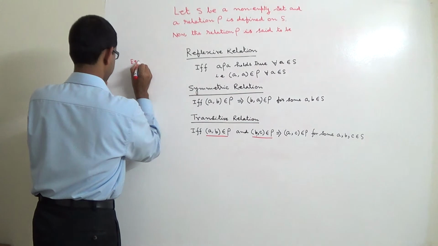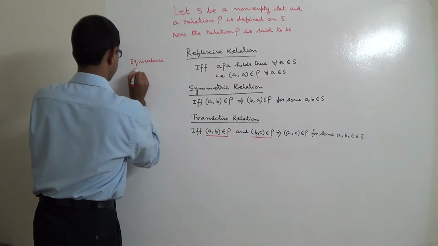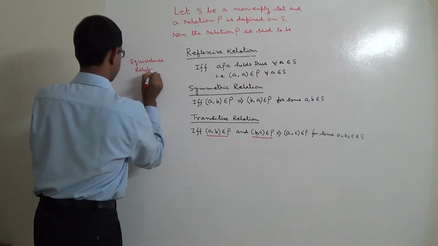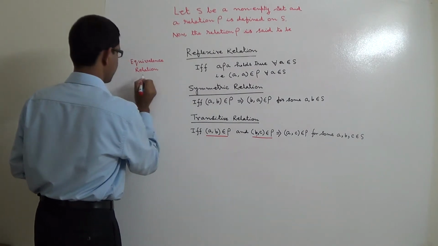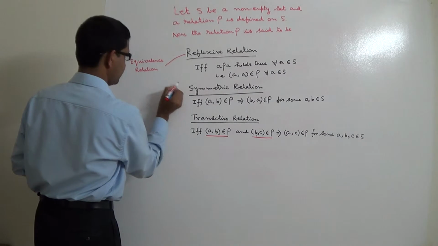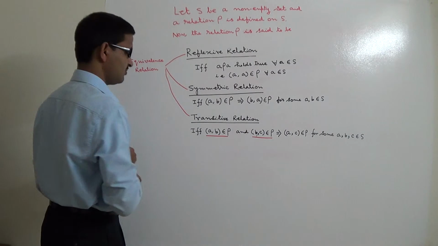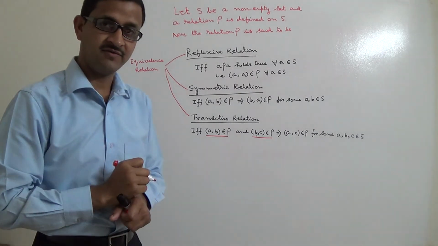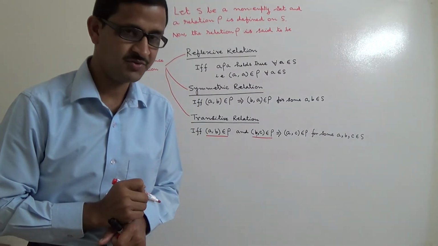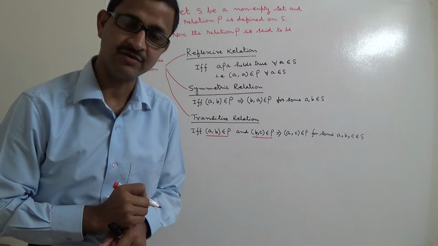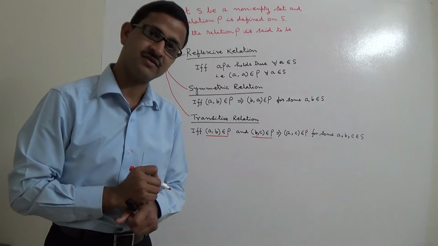It means that the relation has to be reflexive, has to be symmetric, and has to be transitive. All these three have to be satisfied. If any one of these three is not satisfied, then we cannot say that the relation is an equivalence relation. Let us understand by means of an example.